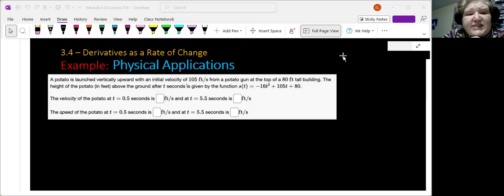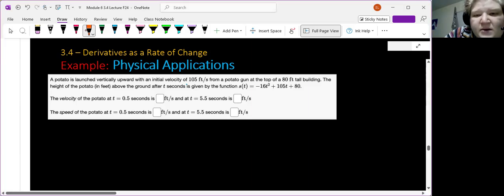Okay, so the velocity of the potato at 0.5 seconds and at 5.5 seconds is... And then the speed at those same times. So we're going to find our velocity function. S prime of t, which is the same as v of t: negative 16 is a constant multiple, so we pull it out and write parentheses.